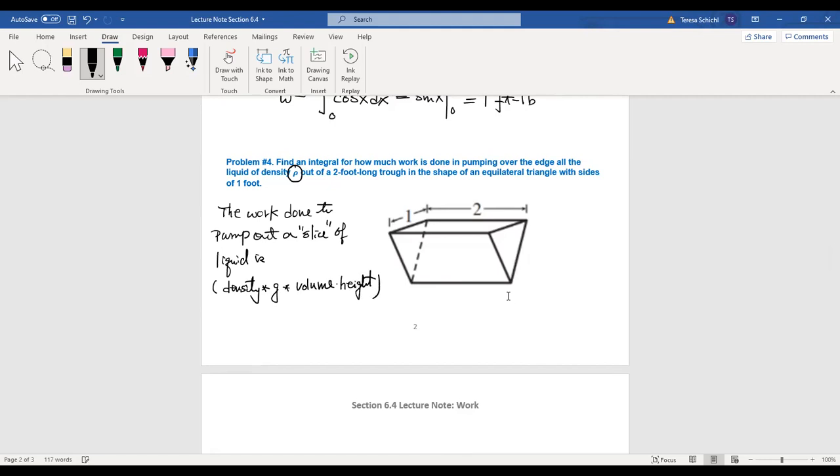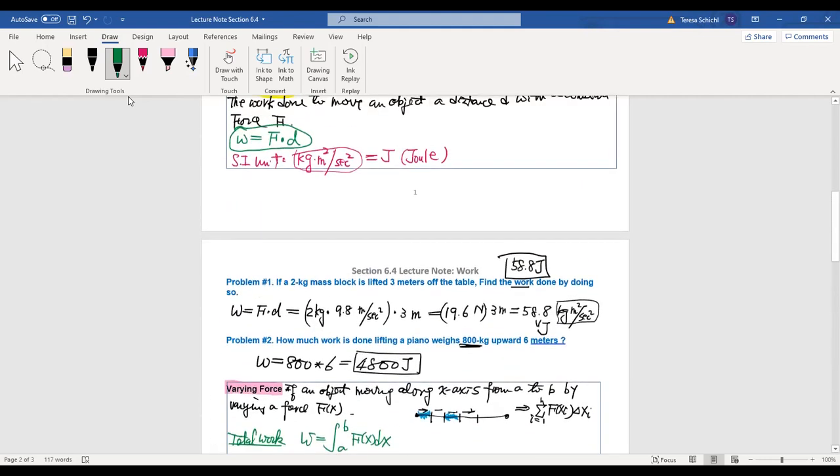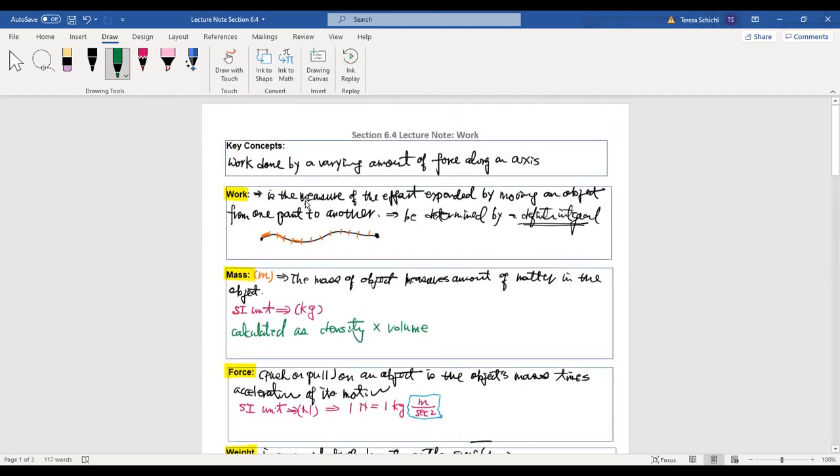Okay, so let's see what all these things are. First, let's take a look at the height. That is really the distance you want to pump out. Then the density and the volume here.